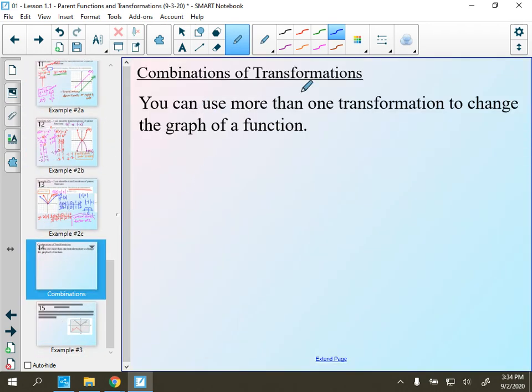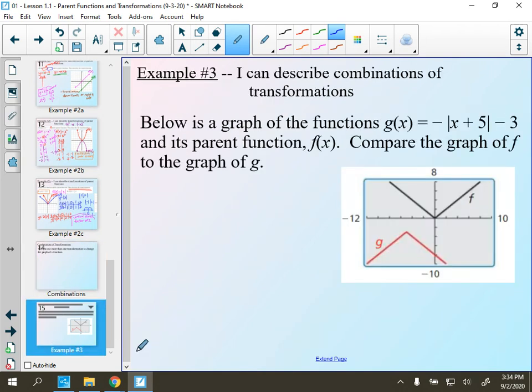Here's my take on this: the graphs can be misleading. Let's read this together. Below is a graph of the function g of x, which is right here, and its parent function f of x.